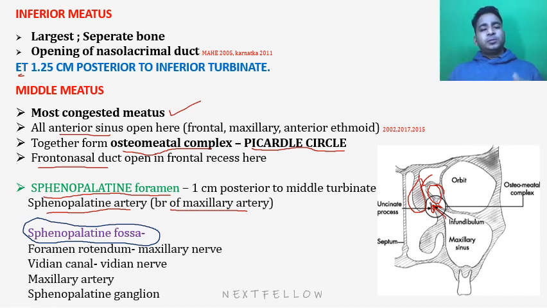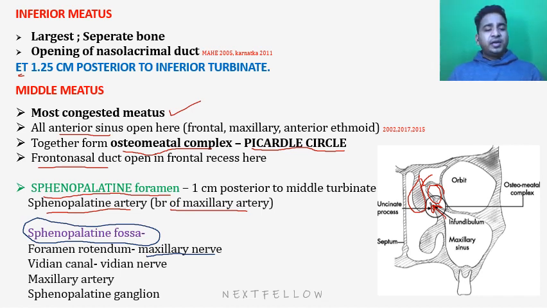The sphenopalatine fossa, which is posterior to the maxillary sinus, has the foramen rotundum, and this foramen rotundum is the exit or passage of the maxillary nerve. So from the foramen rotundum, the maxillary nerve enters into the cavity.